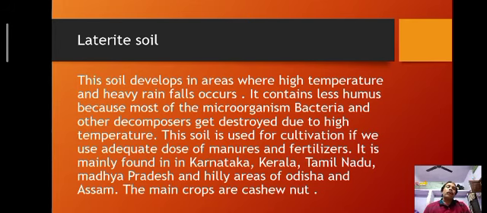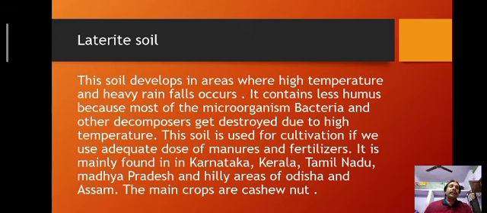This soil develops in areas where high temperature and heavy rainfall occur. The most important thing is that here the temperature is very high but the rain is also high. So what will happen? If there is heavy rain, it will carry away the upper layer of fertile soil.